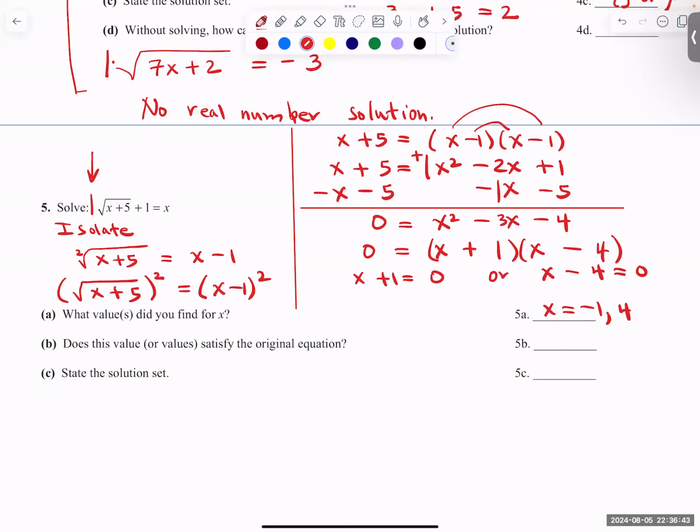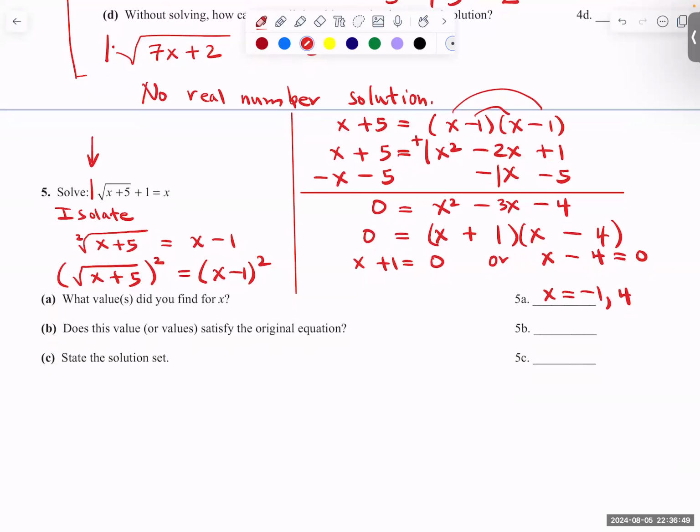Part B, does this value or values satisfy the original equation? So let's check. Let's check -1 first. So we have the square root of -1 plus 5, then add 1. Is that equal to x, which is -1?